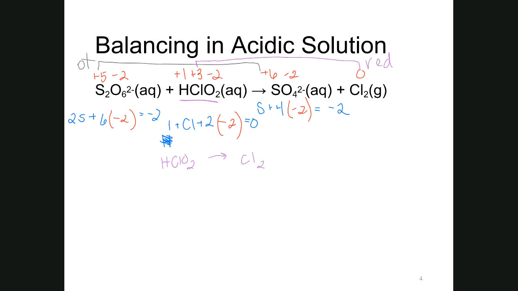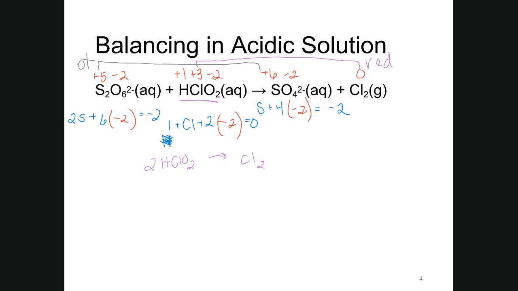That's the information that we have right now. So going back to our little list, we're going to start by balancing any elements other than hydrogen or oxygen. So the only element that's left in this particular case is chlorine. So we're going to put a 2 in front of the chlorous acid, and now our chlorines are balanced.